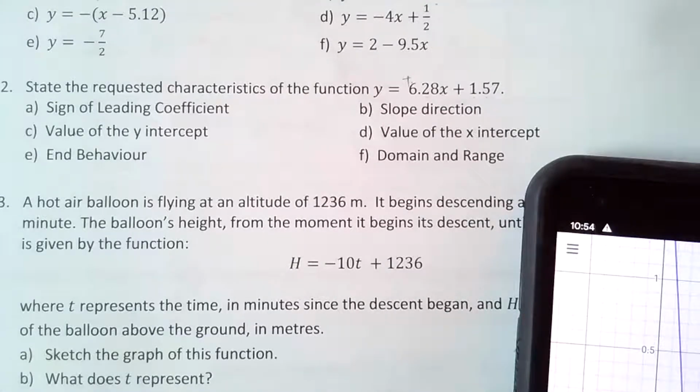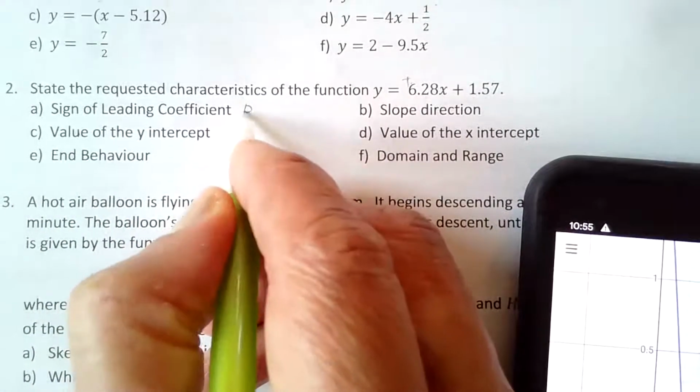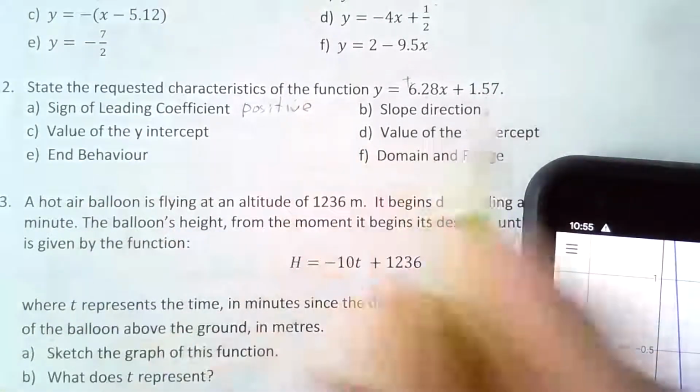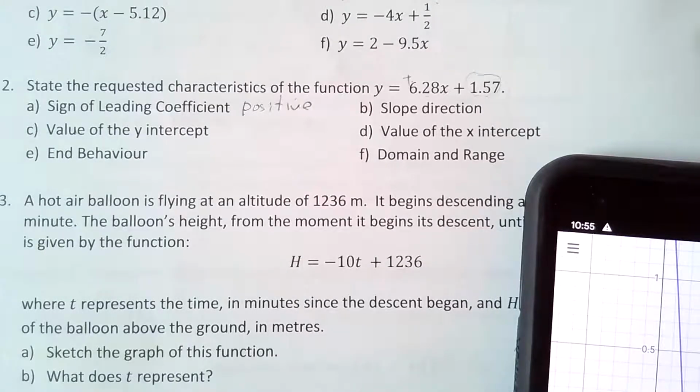As I mentioned many times, it's fewer steps, but you can end up with the same result as the previous question. So we see the leading coefficient is positive. Put that down. Now the y-intercept, remember, it's 1.57.